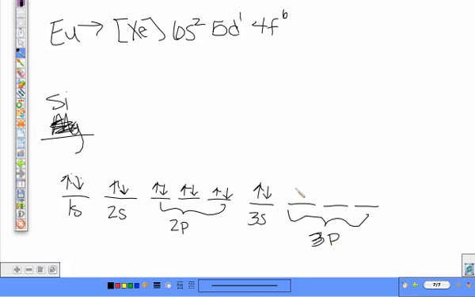How many electrons? 2. Right. And do I put them both in the same orbital? No, that's not Hund's rule. We have to follow Hund's rule and have 1 electron in each orbital. Yes, you should label each orbital.